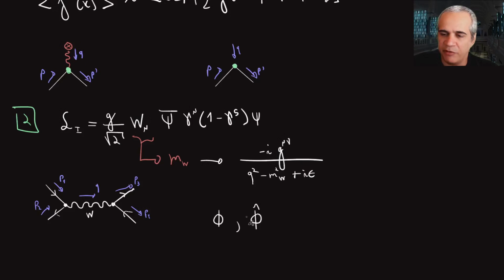I can figure out that part of all my diagrams, and that generates operators that only involve the fields I didn't integrate out. I can do the same even for different fields. If the mass of the W is high compared to all other scales in my theory, suppose the mass of the fermions is small compared to M_W, and also the momentum.